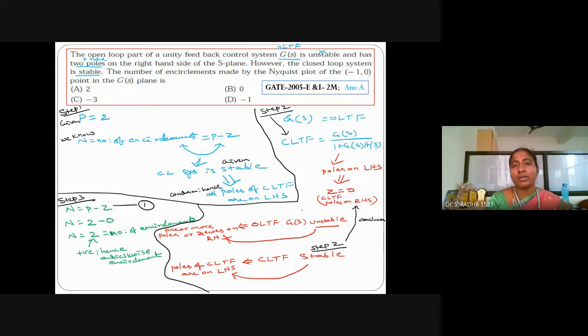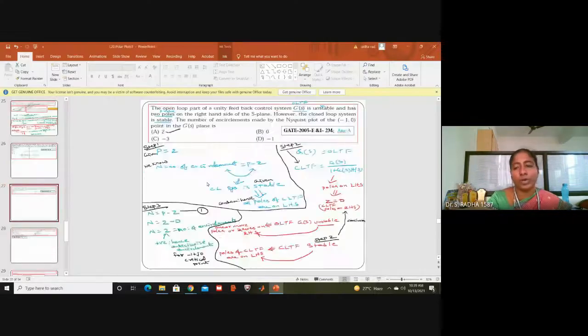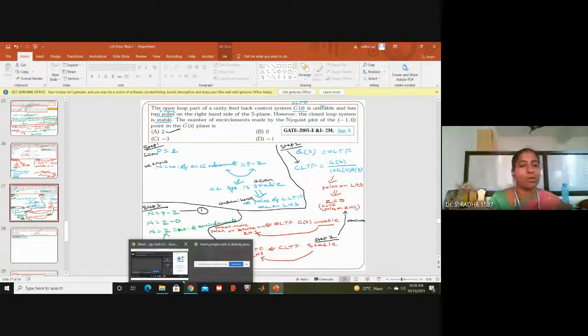Substituting, we get N equal to 2, so the answer is option A. Because it is positive, anti-clockwise encirclement is happening for the -1 plus J0 critical point, two times. If the N value comes negative, we can say it is a clockwise encirclement taking place for the -1 plus J0 point.